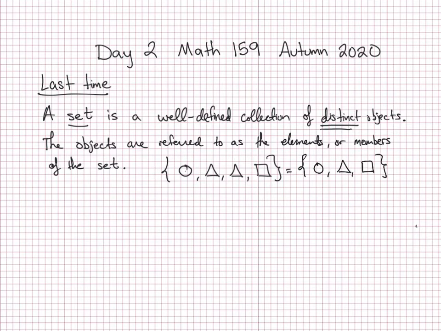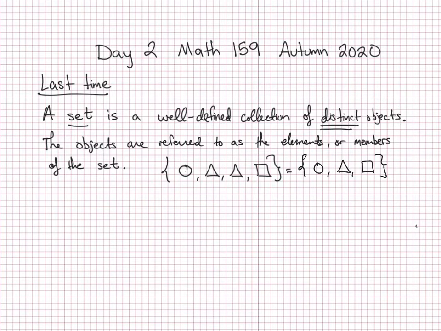So sets don't allow repeated elements. This is kind of a shortcoming in some sense. We're going to see later that it'll be useful to allow situations where you allow repeated elements, but so far, we're just saying these are the exact same sets.